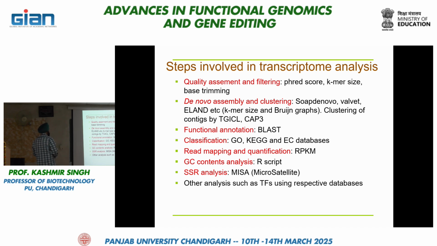And if you still feel that you have a very high number of contigs that are not expected, then you try to reduce the redundancy of the contigs by using programs like TGICL and CAP3. They were used 4 or 5 years back.